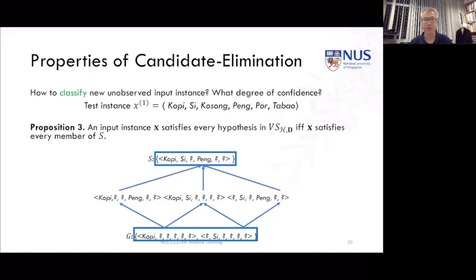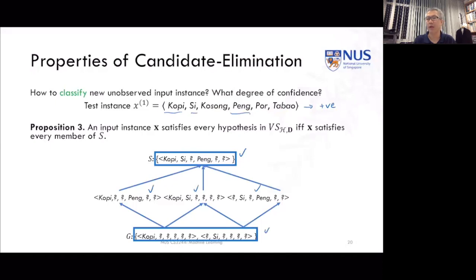If you look at this instance, we can see that it checks off, that means it's satisfied by all of these, because it has these 3 attributes set positively. So we can say that this case is definitely going to be classified as a positive example because every one of these 6 hypotheses also returns a positive value.